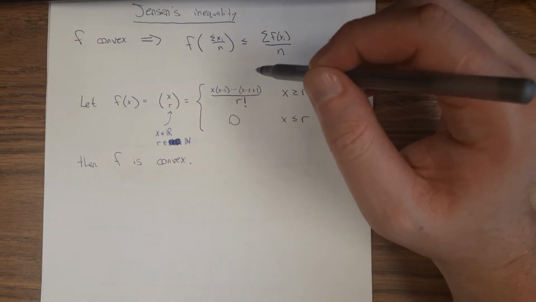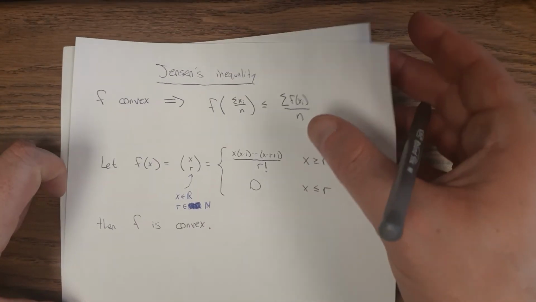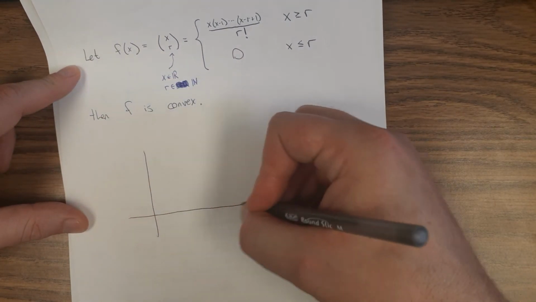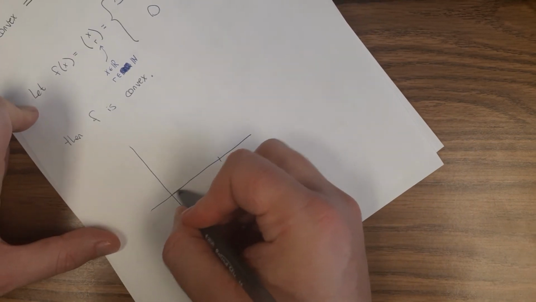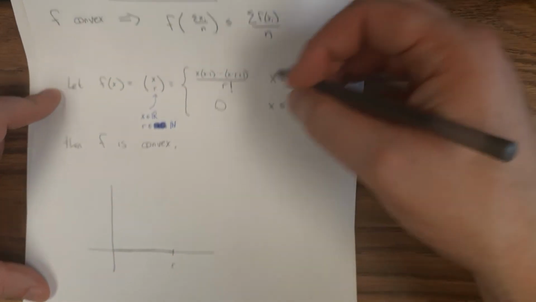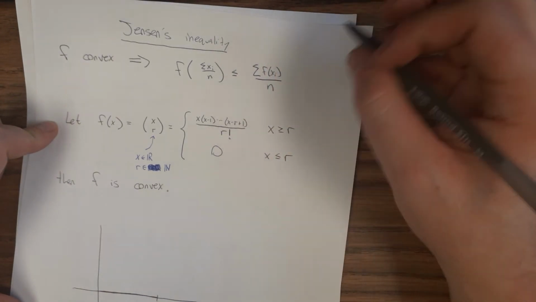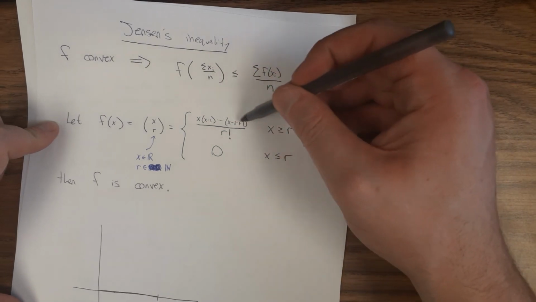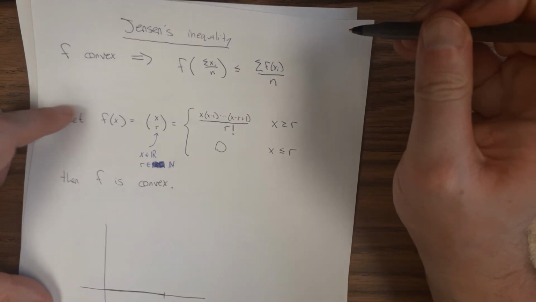This is a convex function. I won't give a really formal proof, but the graph of this function looks something like this. Of course, it's just flat up to x equals r, and then this is just a polynomial in x for values of x greater than or equal to r.